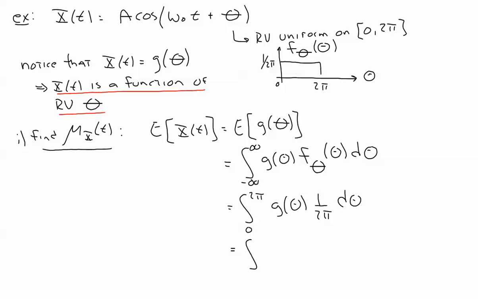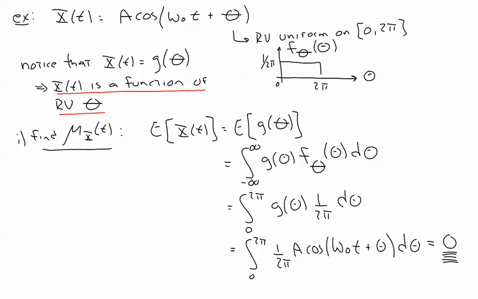And this is 0 to 2 pi 1 over 2 pi a cosine omega naught t plus theta d theta. And so with respect to my integration variable theta, omega naught and t are constants, and I know over a phase variation of 2 pi radians, my cosine function is half of the time positive and half of the time negative, so my integral here is exactly 0.